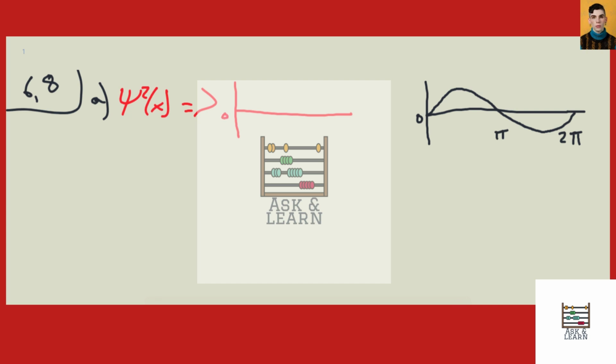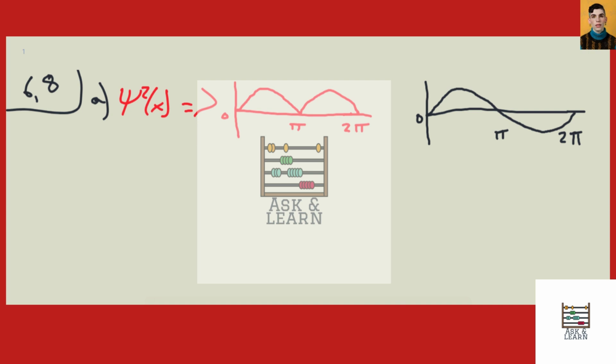So instead of decreasing when it reaches pi, it'll stay positive and provide the mirror image from pi to 2 pi. So that is a sketch of the probability density.